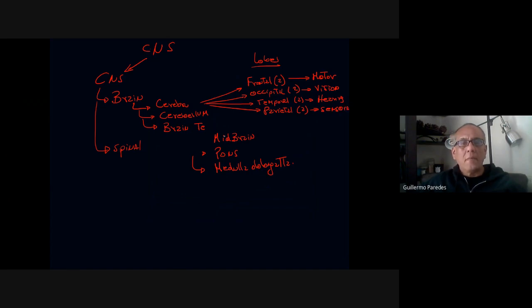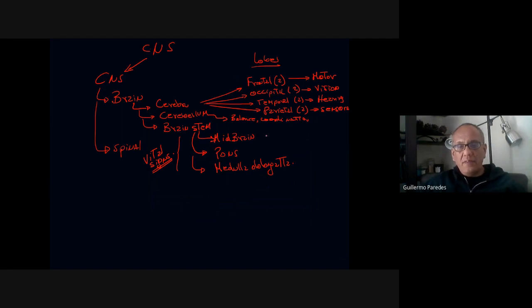Okay? Cerebellum is balance, equilibrium, coordination. And the brainstem is the midbrain, pons, and medulla oblongata. So all of these are components of the vital signs and other components.